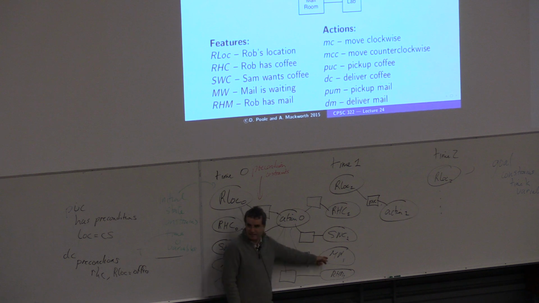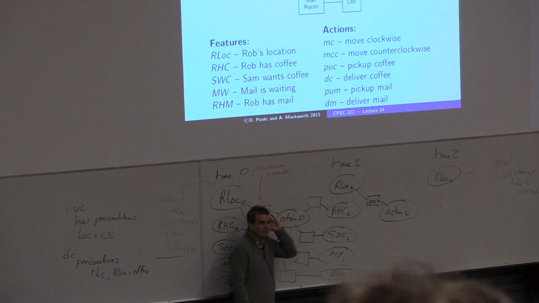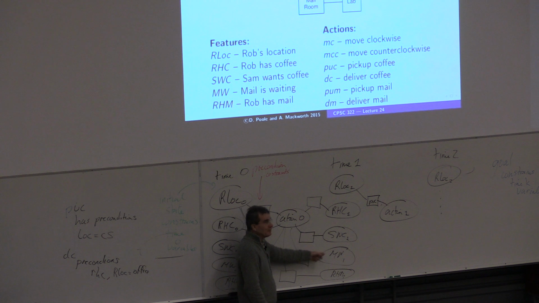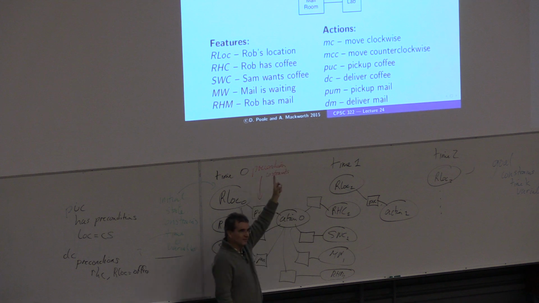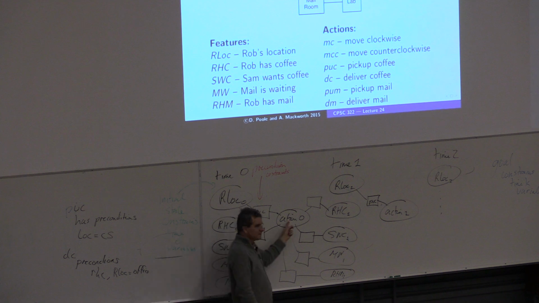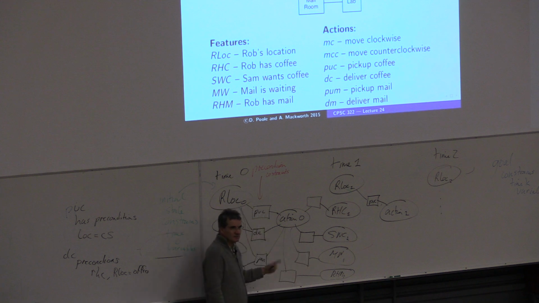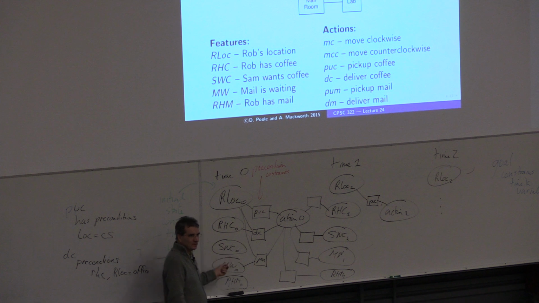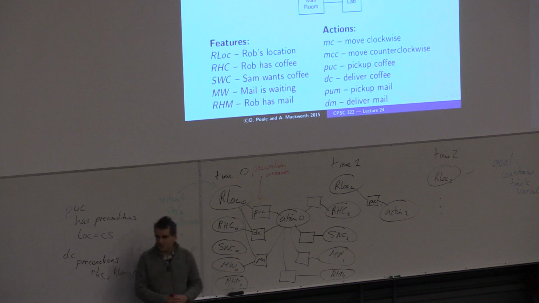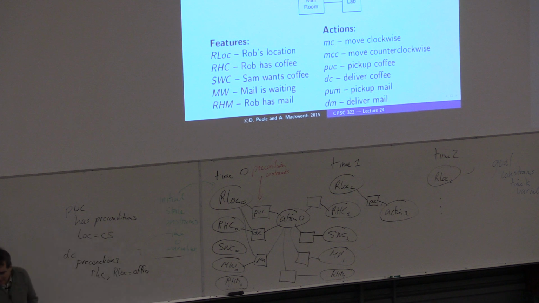I'm just talking about the domain. So it depends on the action. What else does it depend on? Does it depend on the initial state? What if mail wasn't waiting initially? Right, so there are also these so-called frame constraints.